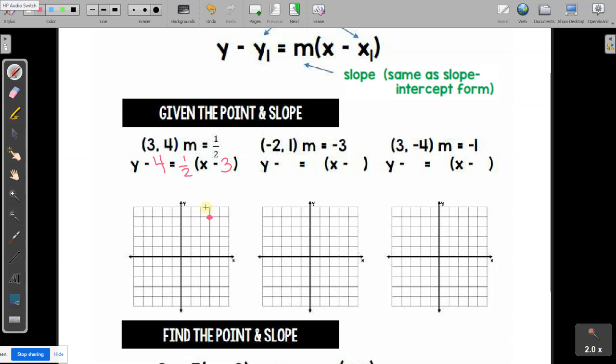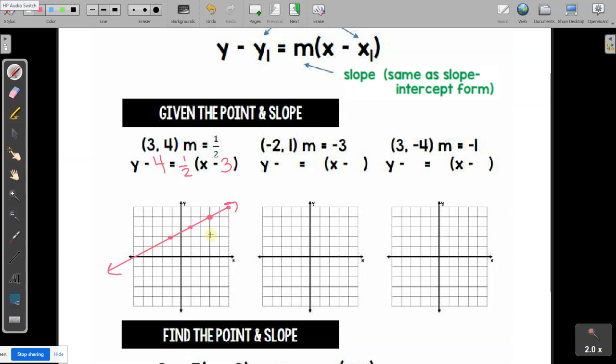So we're going to go up 1 to the right 2. Or down 1 to the left 2. You continue that pattern, and then we draw our line. And don't forget arrows on the end.